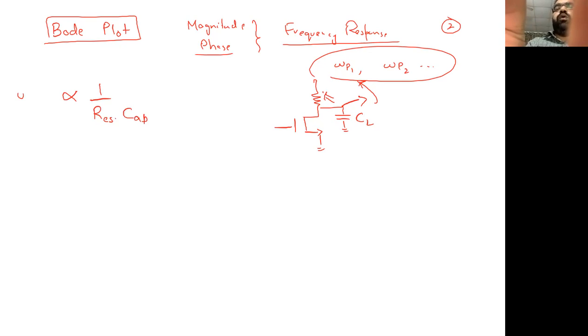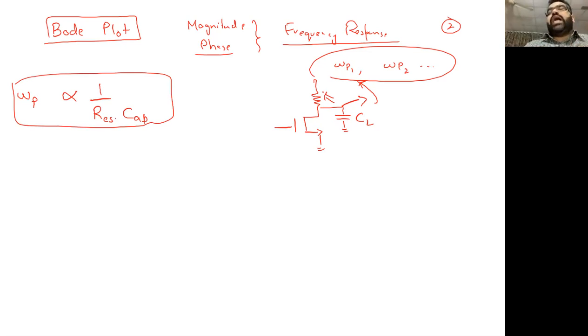So your pole, ultimately, whatever the configuration, it can be any configuration, it can be on the input side, output side, intermediate side, whatever, it comes out that the pole is inversely proportional to the product of resistance and capacitance. But the important thing is what are those resistance and capacitance?